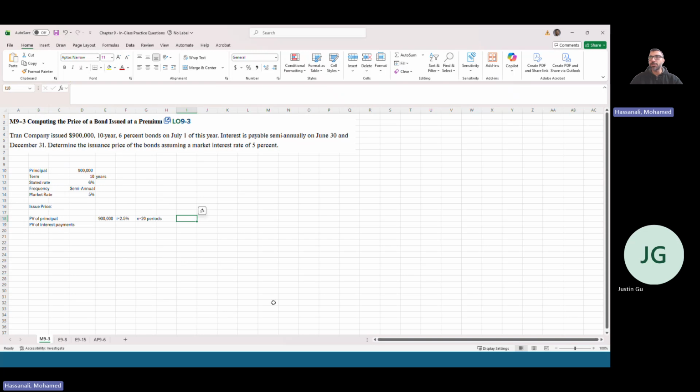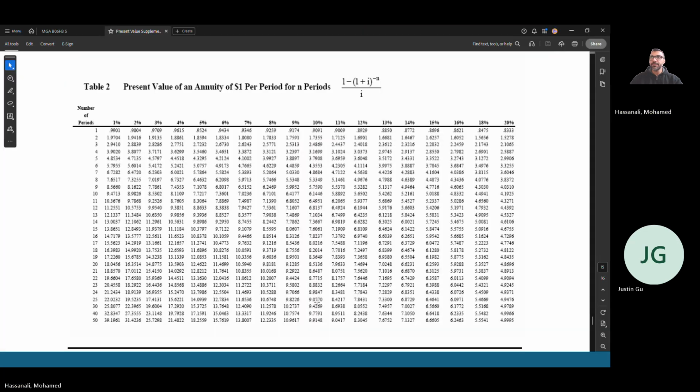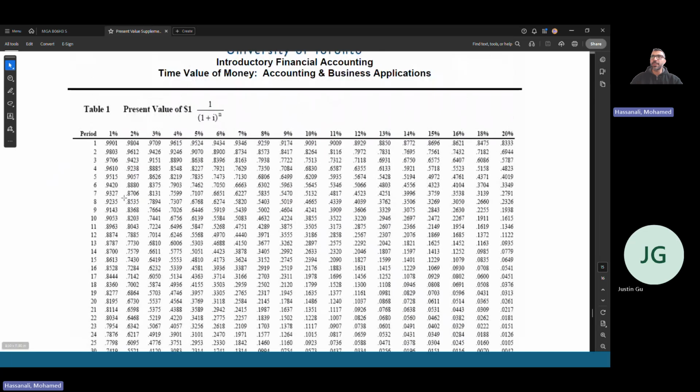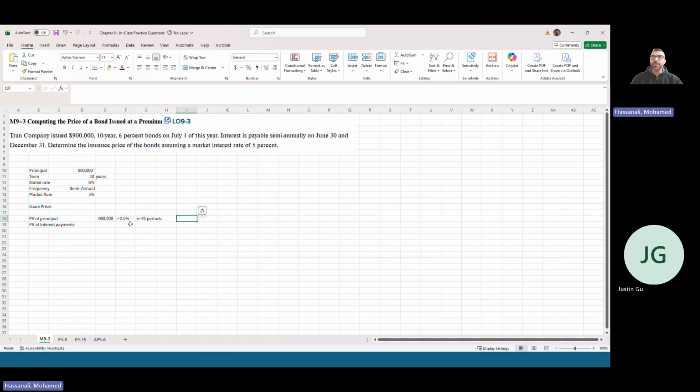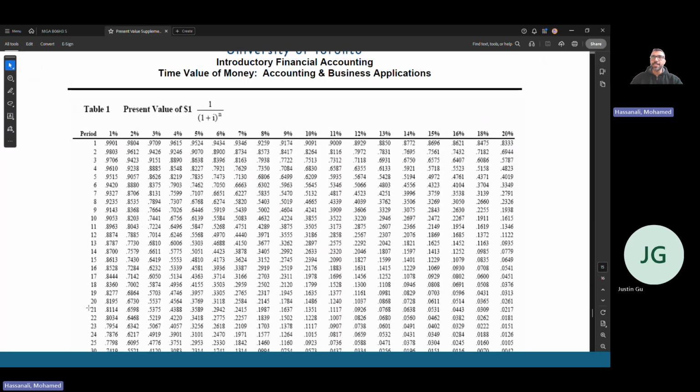So if we were to go to the present value table, we'd be looking for I of 2.5 and N of 20. We have the N of 20 down on the left, but there's no 2.5 somewhere in the middle of these two.